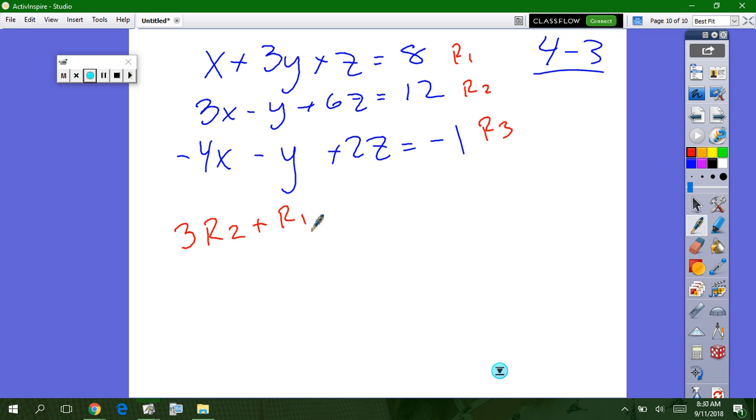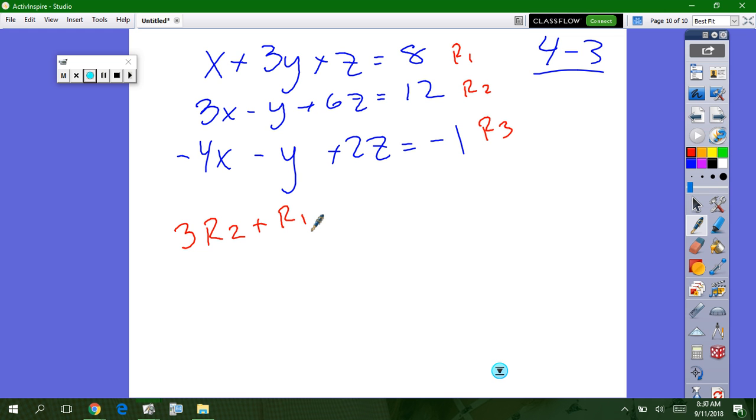See what that means? Why am I timesing this row by 3? Because then when I add that row to row 1, what will eliminate? The y's would, wouldn't they? Does that make sense to everybody? Everybody with me on that?